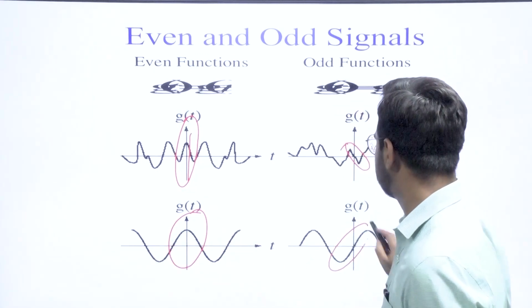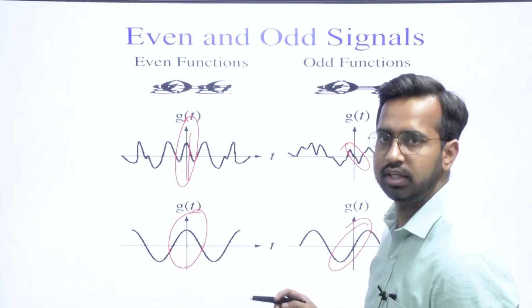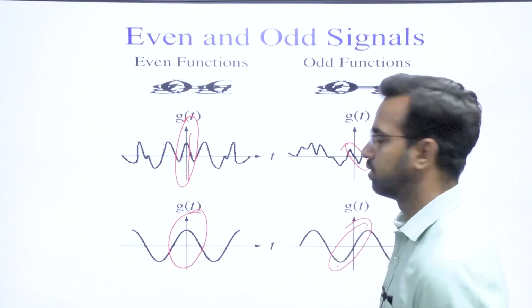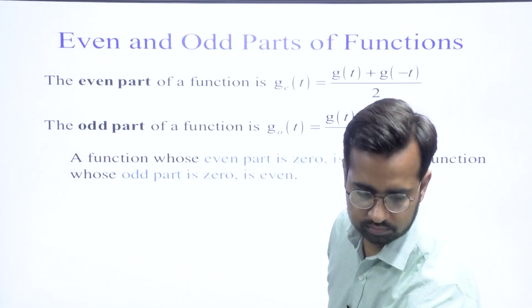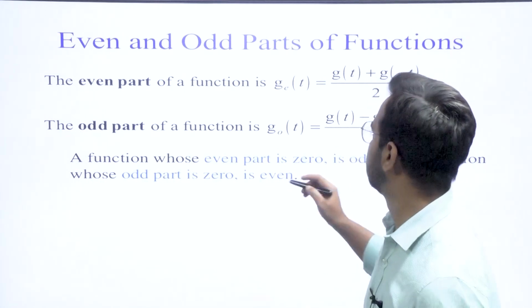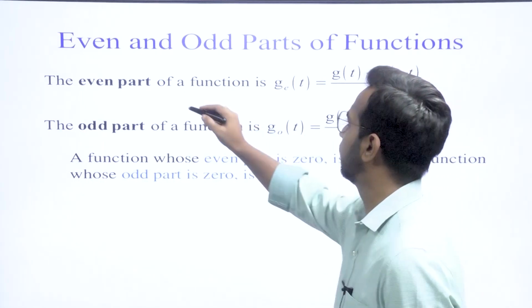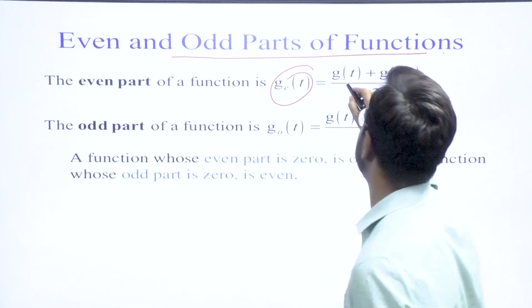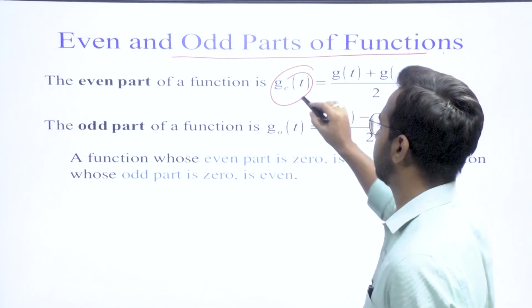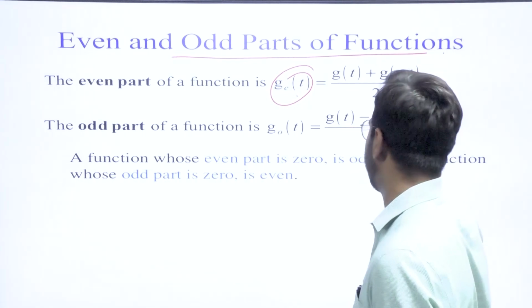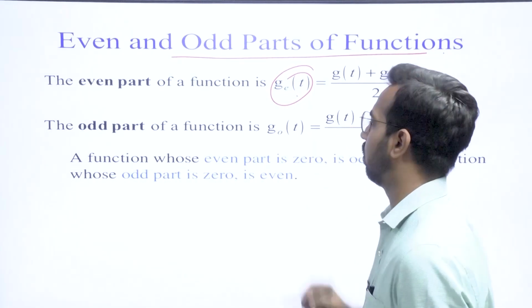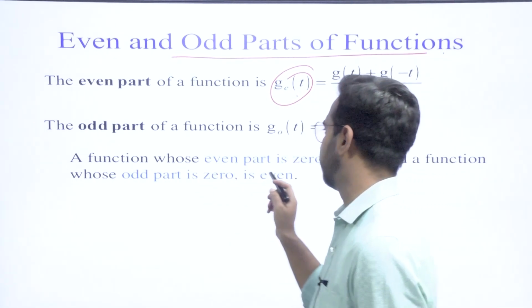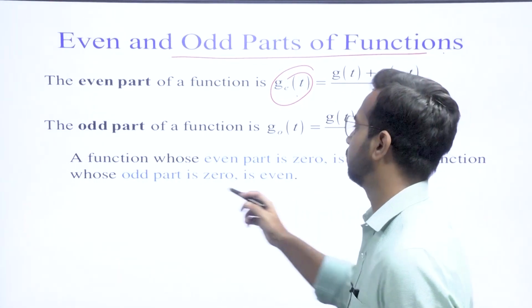Again, if you see this signal, this is symmetric about the origin. Also, see how we represent any signal in even and odd parts. g(t) plus g(minus t) by 2 will give you the even signal, and if you subtract those, you will get the odd signal. Any function whose even part is 0 is odd, and any function whose odd part is 0 is even.